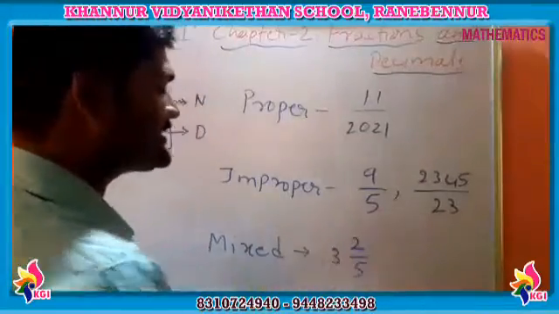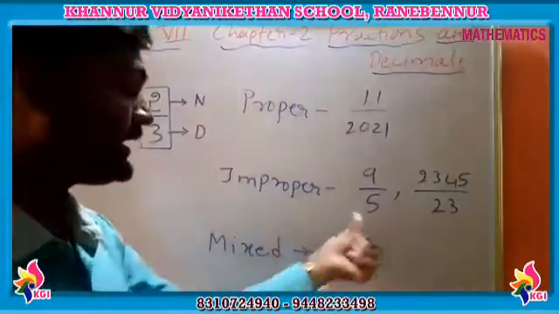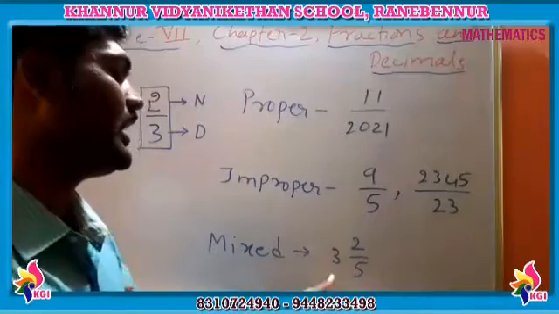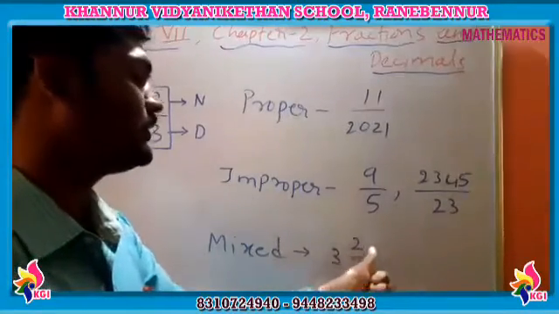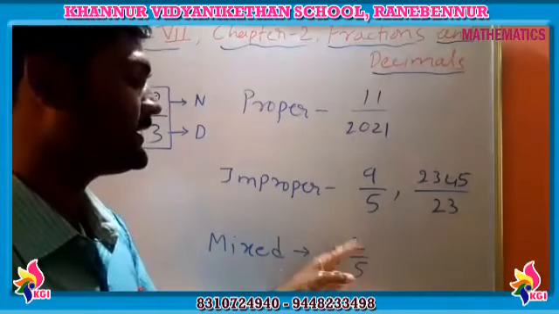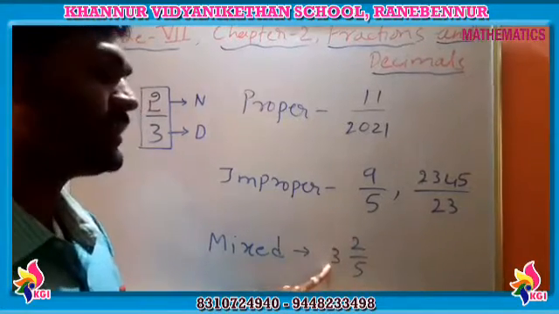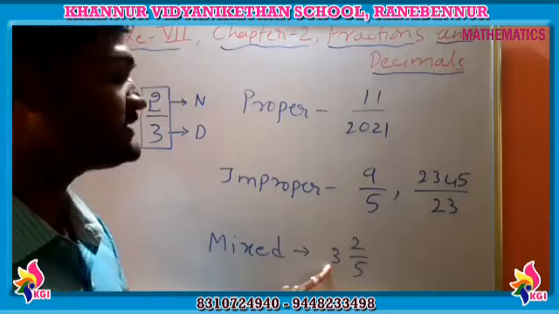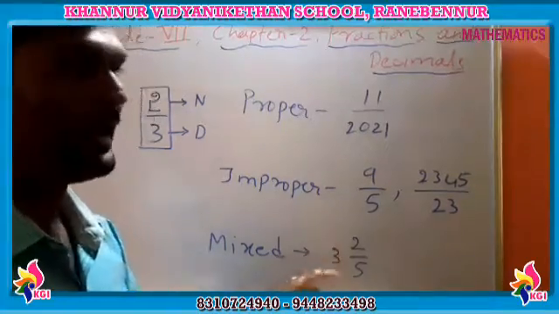That totally is called a mixed fraction. We can read this in another way also: 3 integer 2 divided by 5. This is a complete part, and this is a fractional part, a numerator and denominator. This is called the integer part, which is the whole part.